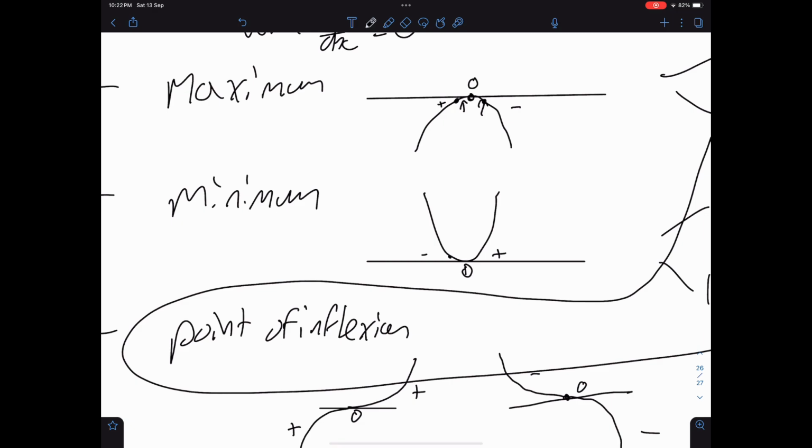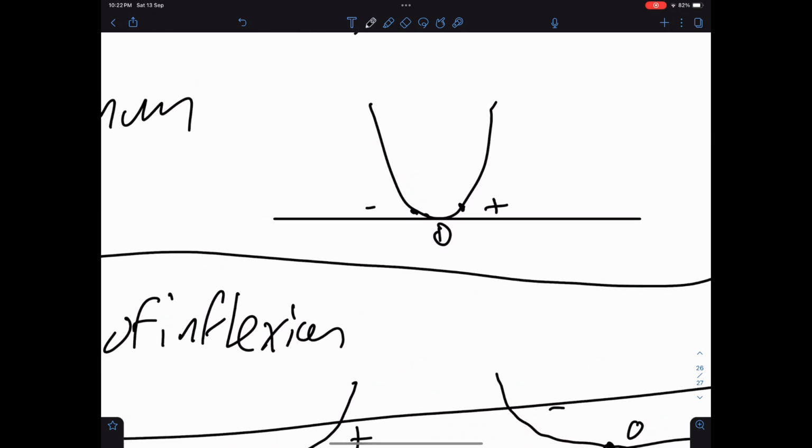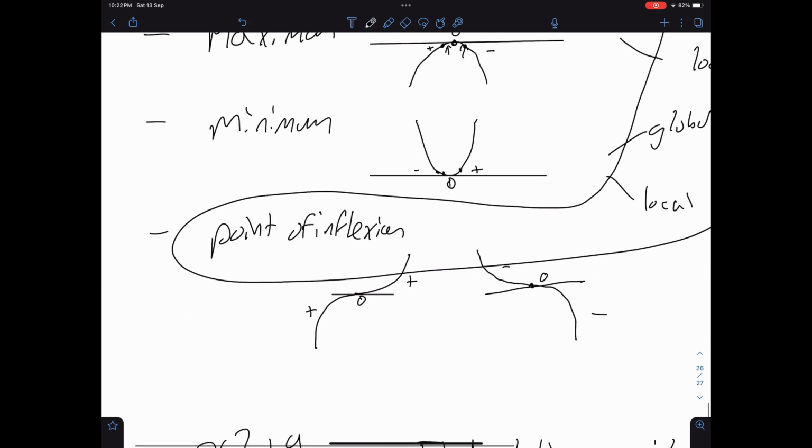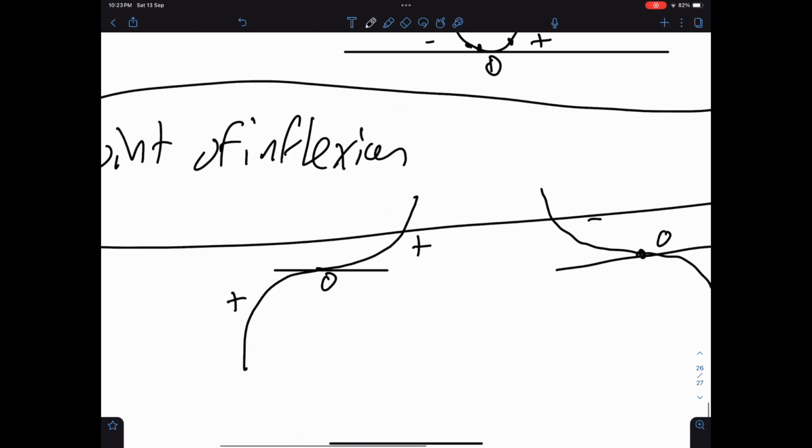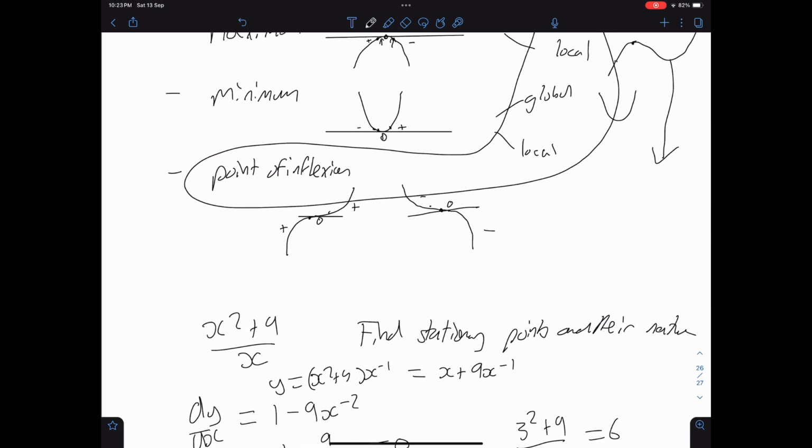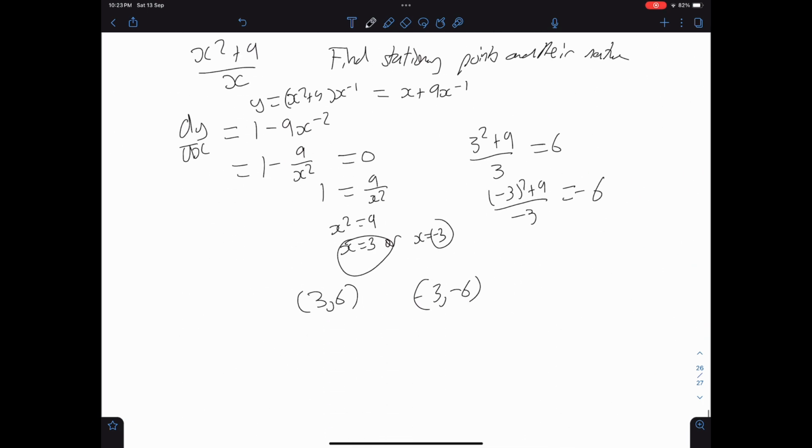And if we go negative on the left and positive on the right, it'll be a minimum. We want to go very close, because there's a risk you might have another turning point, especially with cubic functions. And obviously if it goes positive to positive or negative to negative, that's how you can detect a point of inflection. But generally, if I'm doing a question like this, the first thing I do isn't that. That's a plan B.